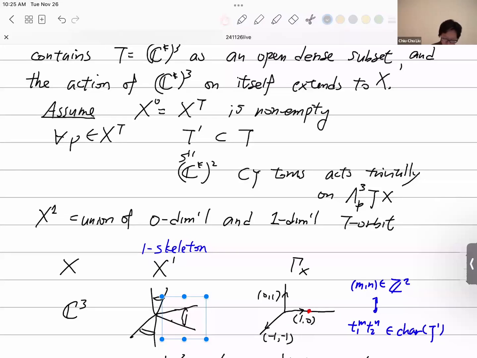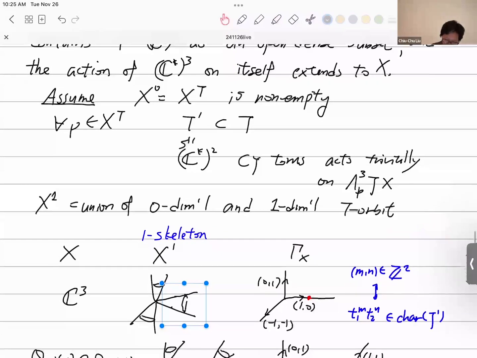But we also want to decorate these edges by the action of the Calabi-Yau torus.